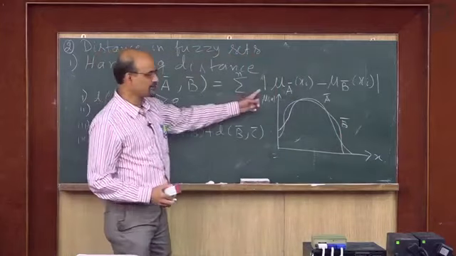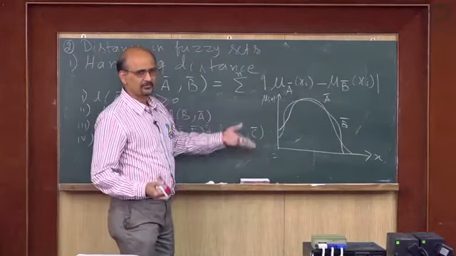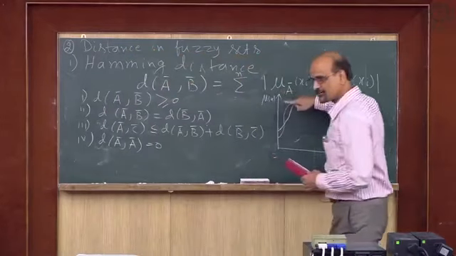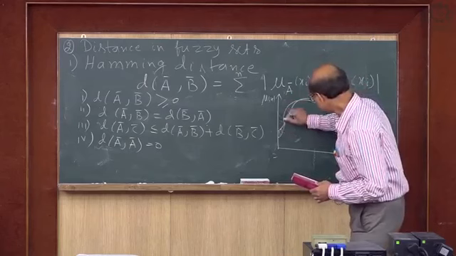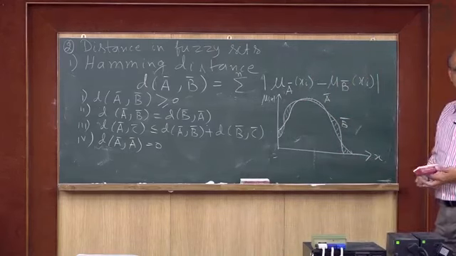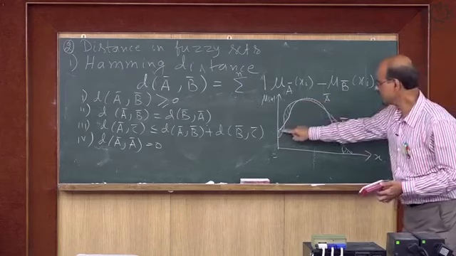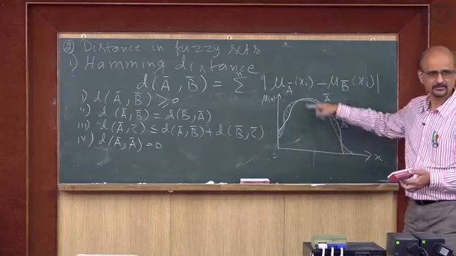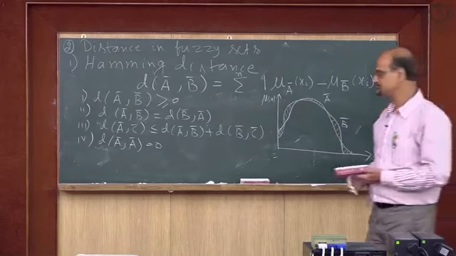So, as per the definition, what is the distance between A and B? The sum of the absolute value of the difference. You are seeing, so this is your D A B. Distance. Okay, clear?